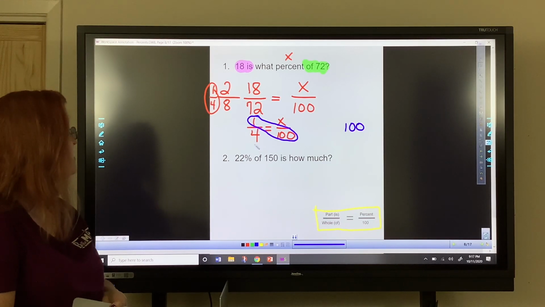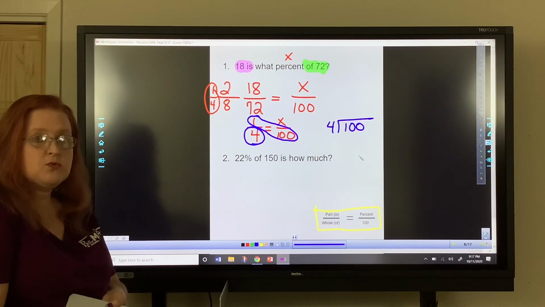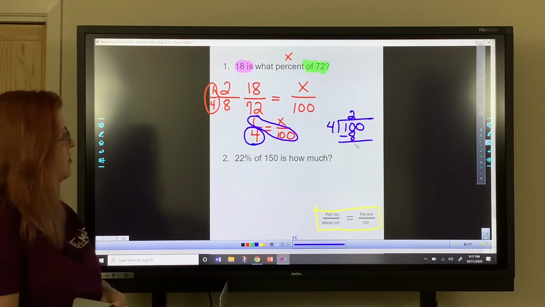And then we're going to divide by 4. And then we just work that out. So that's going to be 4 into 1 can't work. So we move to 10, that'll be 2, which is 8. Subtract, we get 20. 4 into 20 is 25.